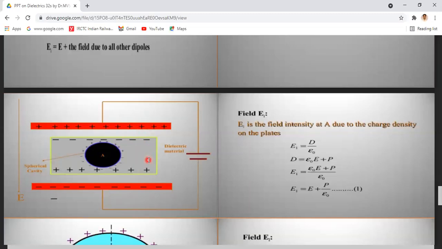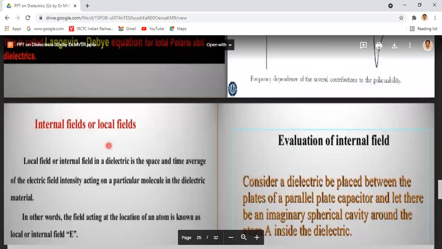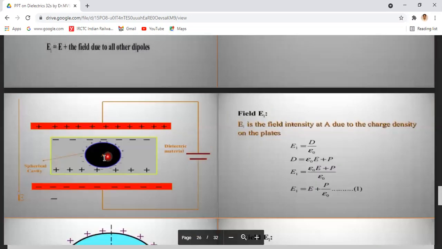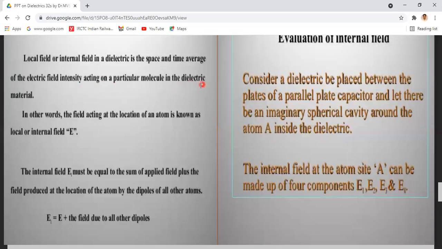So the Lorentz field or local field or internal field is defined as the total electric field which is acting on an atom which is inside the dielectric material. Here the local field or internal field in a dielectric is the space and time average of the electric field intensity acting on a particular molecule inside the dielectric material.